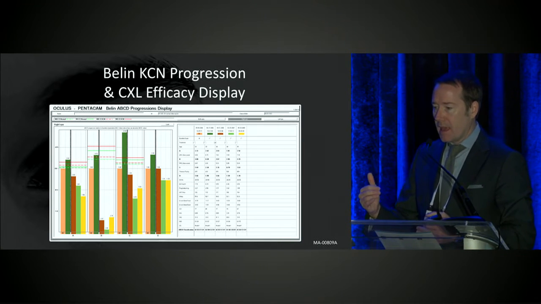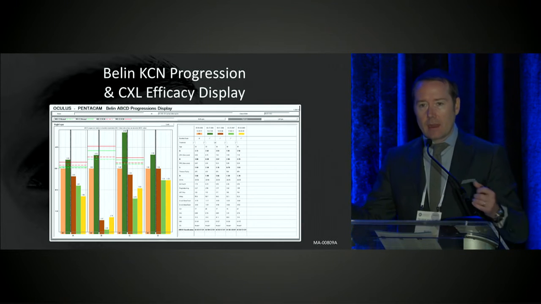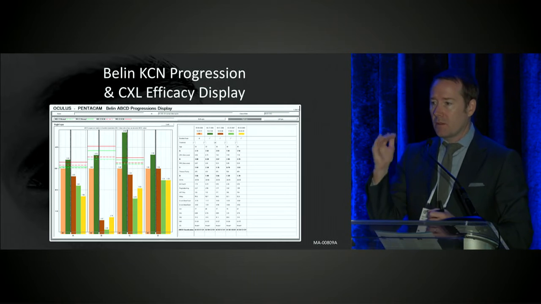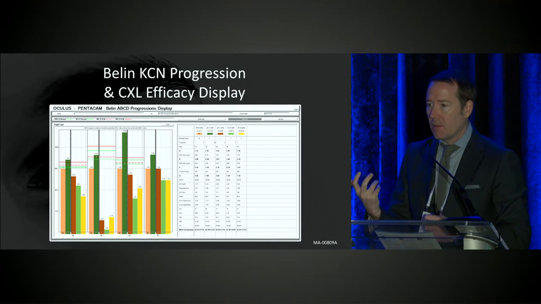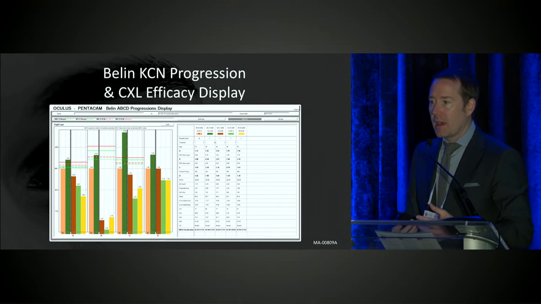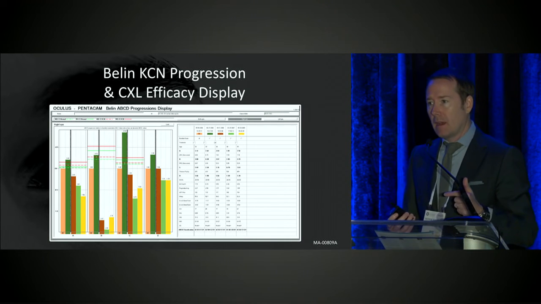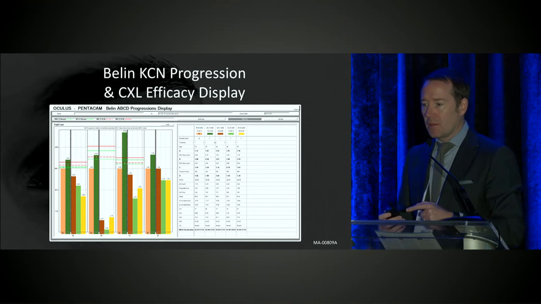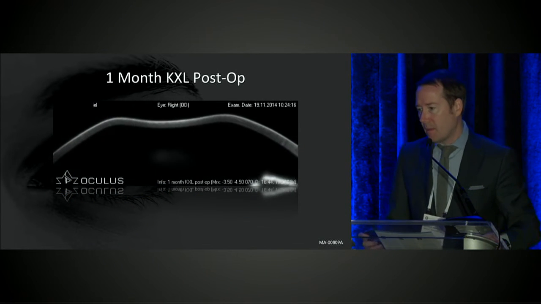But what's interesting, if you look at the confidence intervals, you can look at a red line in a keratoconic, and if it's crossed the solid red line, there's a 95% confidence interval that that patient has truly progressed. If you're looking at a forme fruste case, let's say, or somebody you're suspicious about, you look at the green line, and that's relative to normal, so that's where the utility of these confidence intervals comes in.